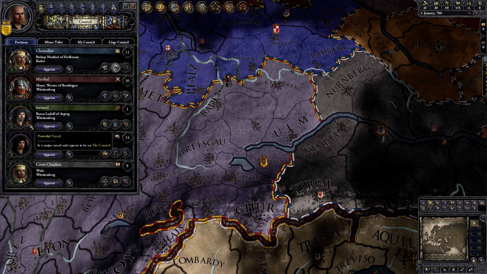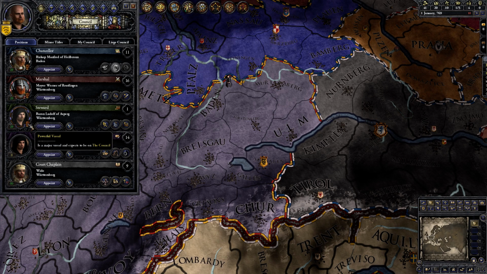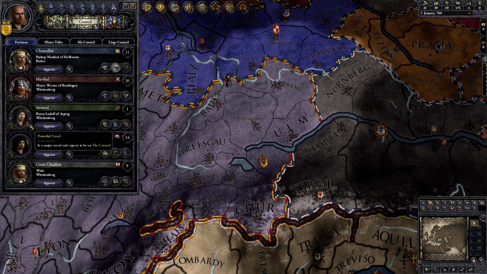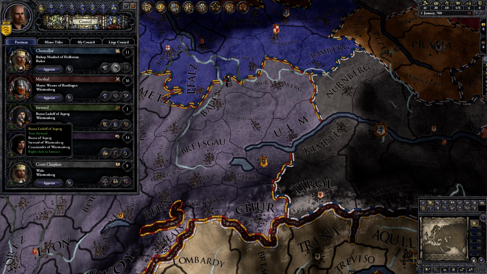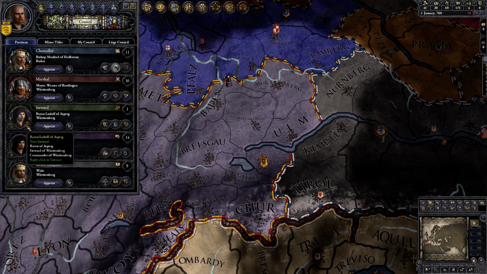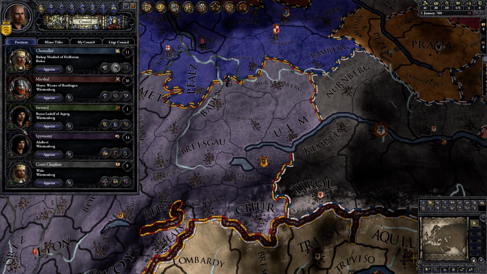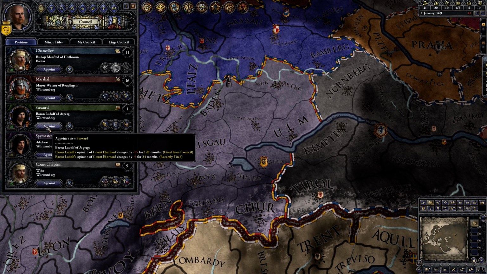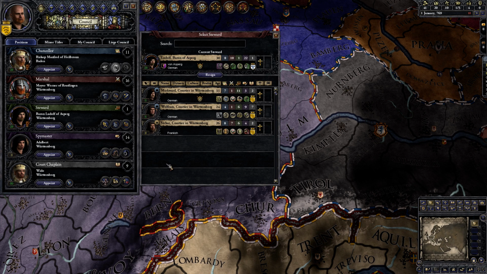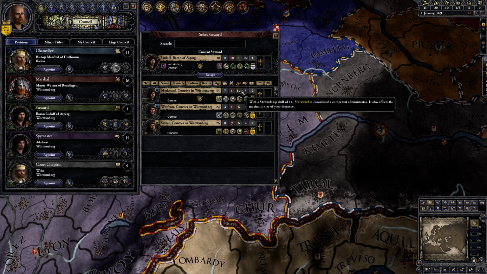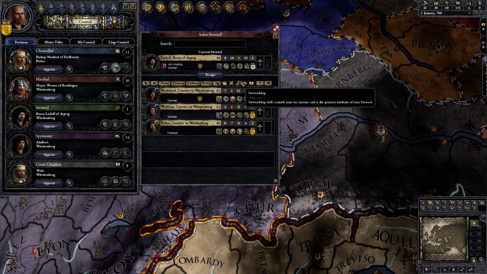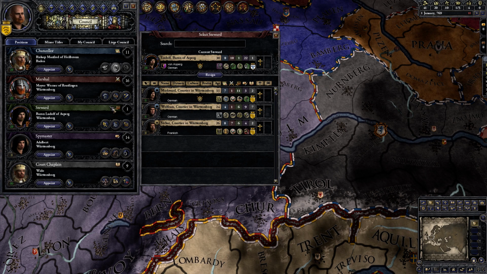He is considered a powerful vassal, but Baron level, which is this brown circle around the portrait, they are basically unimportant.